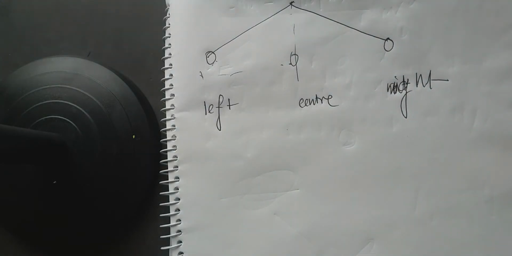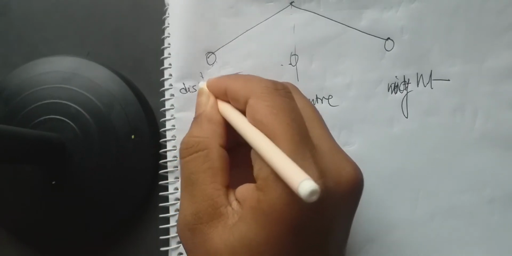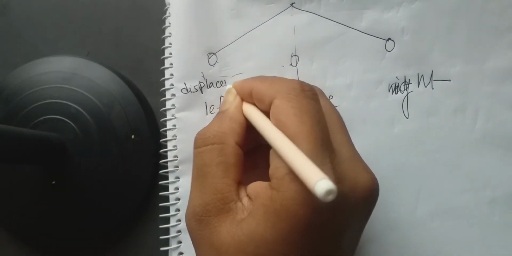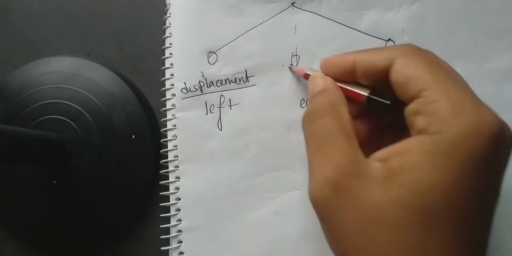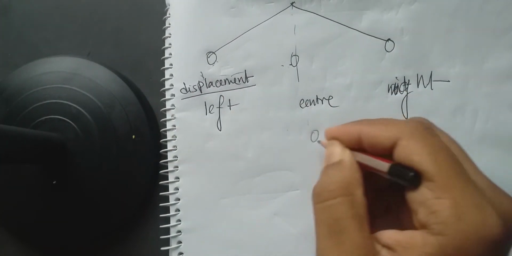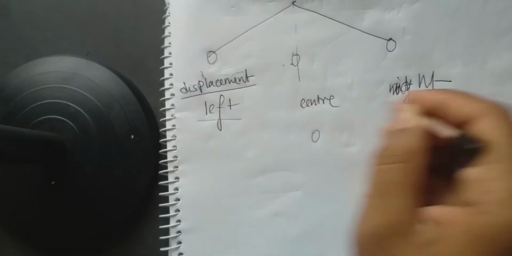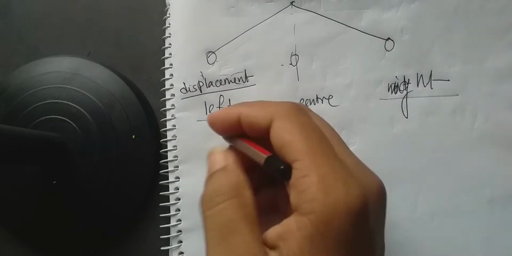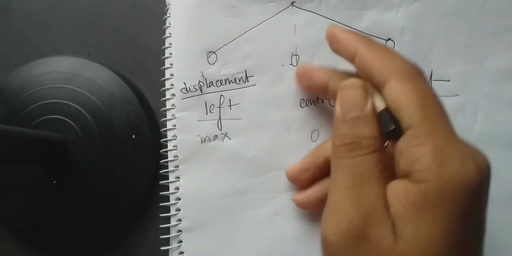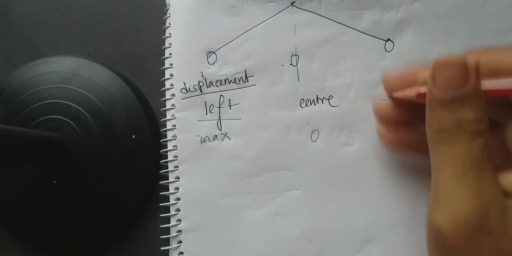So if you focus on displacement, what we see here is that at the center we start from 0, right? And as we go towards the left, it's maximum here, and as we go towards the right, it's also maximum.